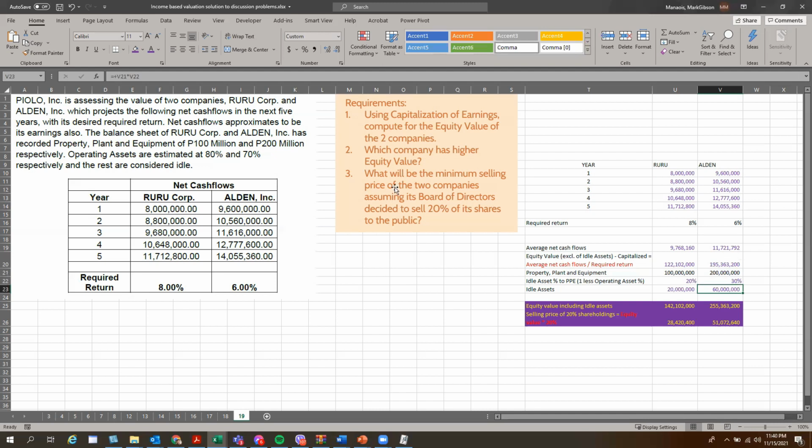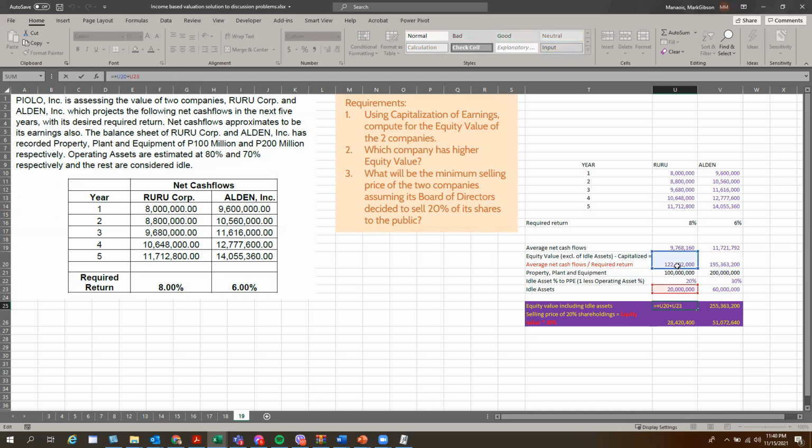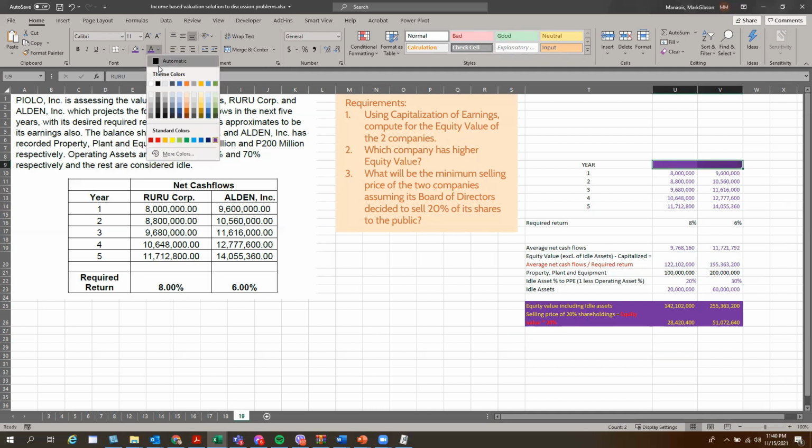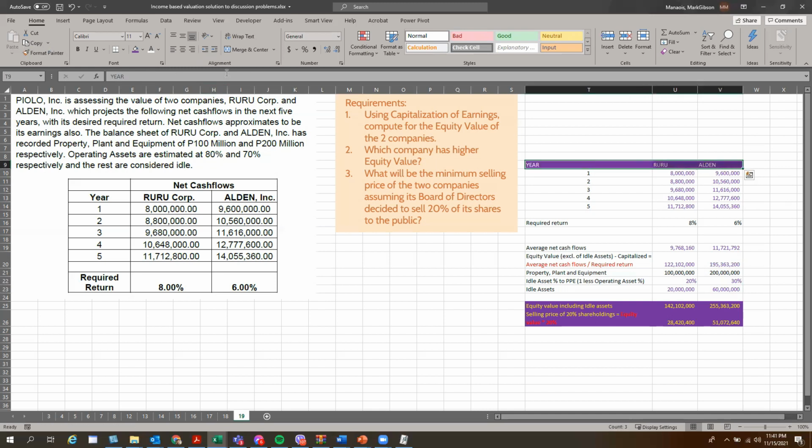Now let's go to requirement number 1. Using capitalization of earnings, compute the equity value of the two companies. So what's our formula? That's the capitalized equity value plus the idle assets. To get your equity value including the idle assets, that's 142,102,000 for Ruru, and 255,363,200 for Alden.